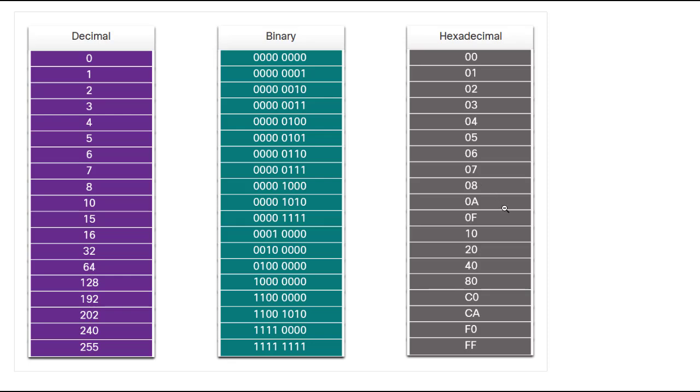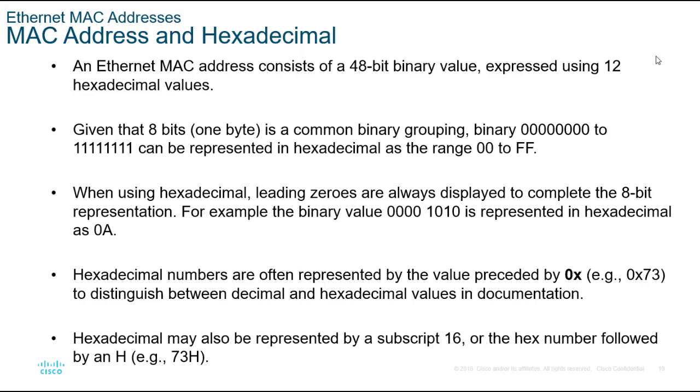For example, binary value 00001010 is shown in hexadecimal as 0A rather than just A. In documentation, hex numbers are often shown preceded by 0x to differentiate them from decimal numbers. Another way sometimes used is to add a 16 subscript, or uppercase H, directly following the hex value.